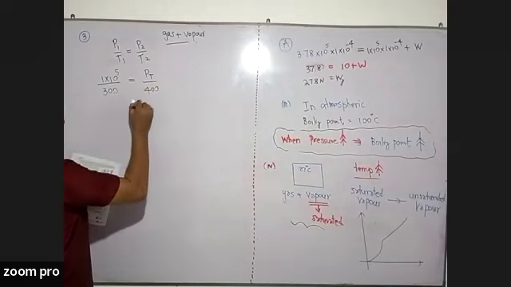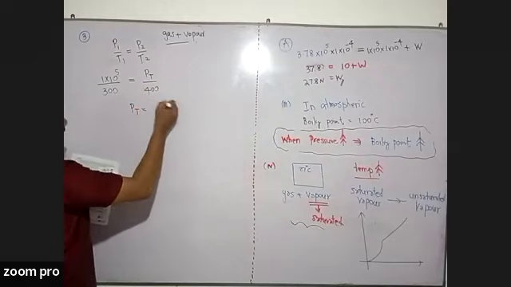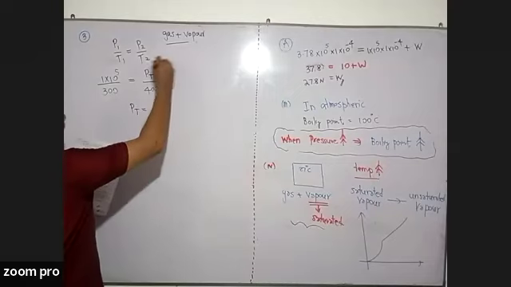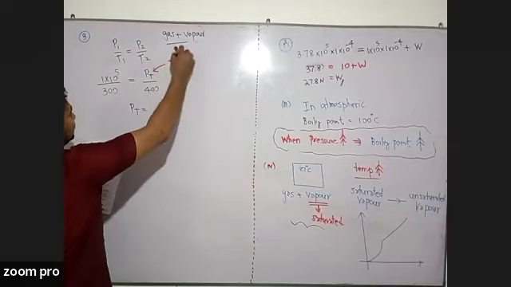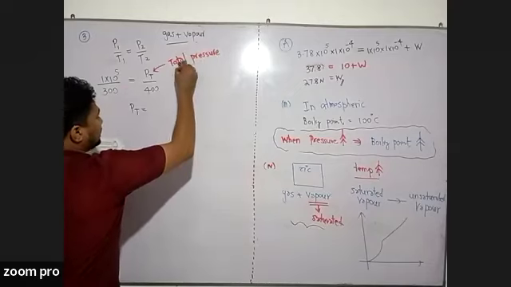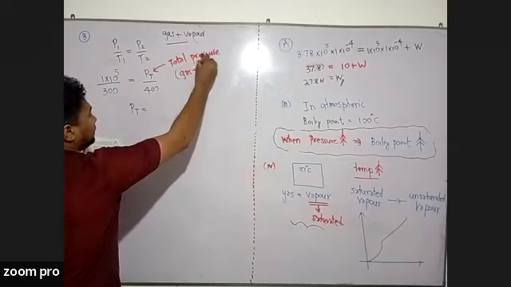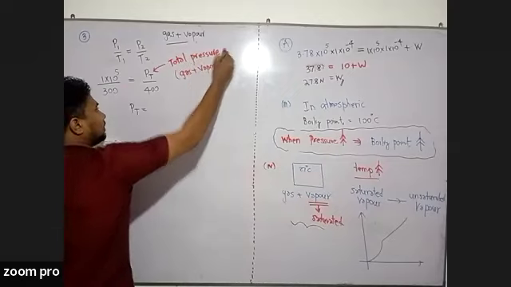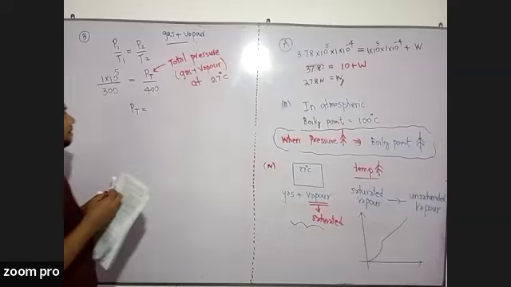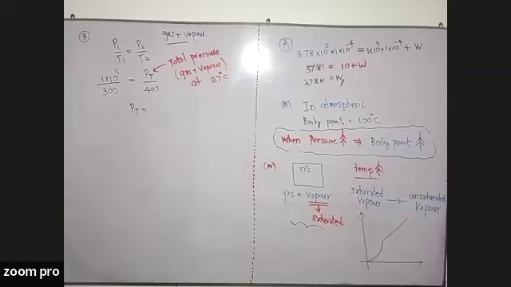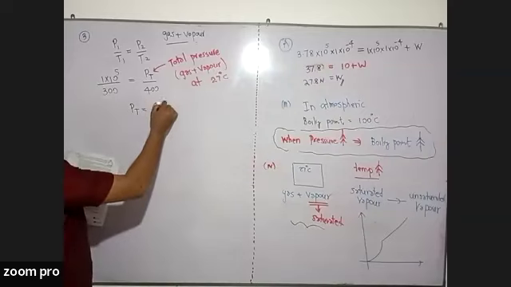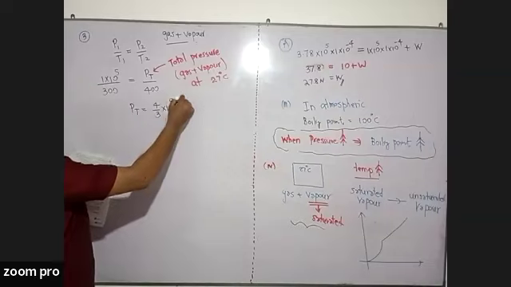So the total pressure at 127 Celsius, where I'm considering P as the total pressure, that means gas plus vapor. By simplifying this, we can obtain the value for this total pressure.